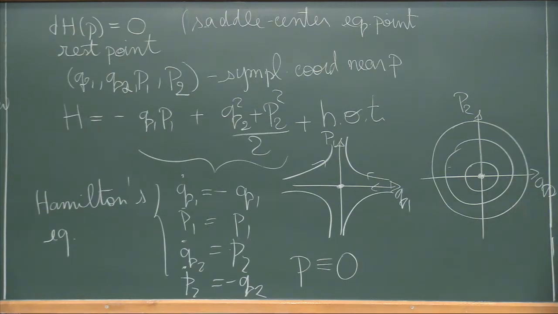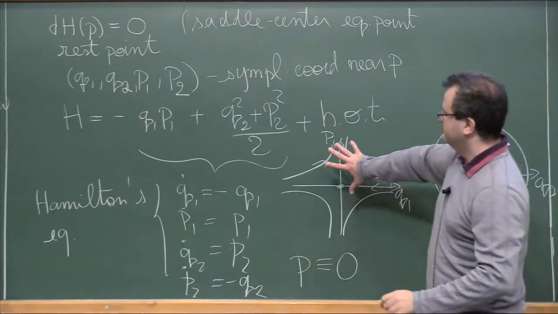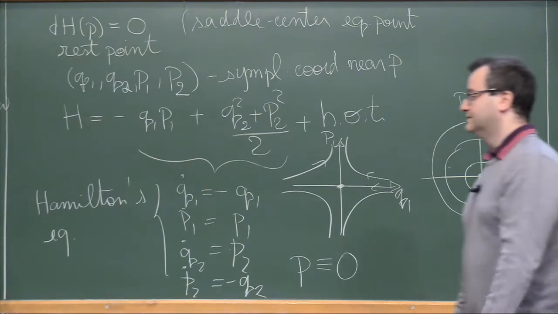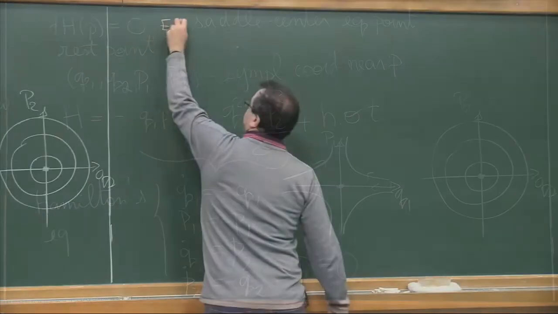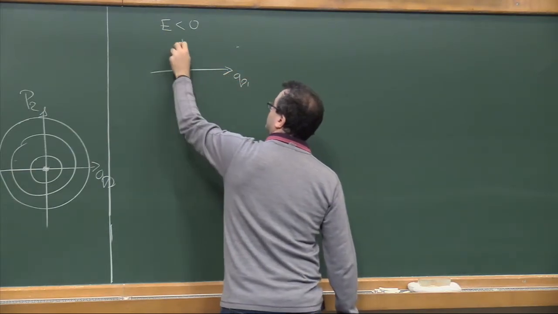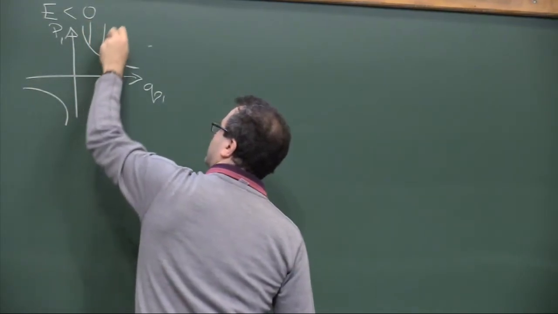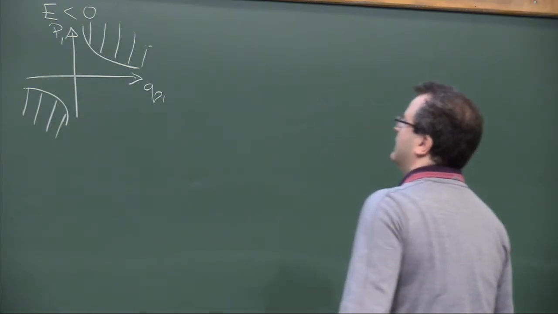So let's look at the energy levels. They project in the following way. I just project the energy level to this plane. It's very easy to see the behavior of the connected sum in these coordinates. For E negative, the projection close to this point looks like that.